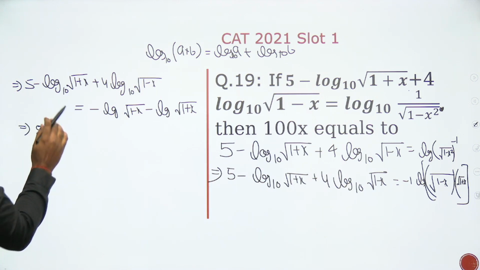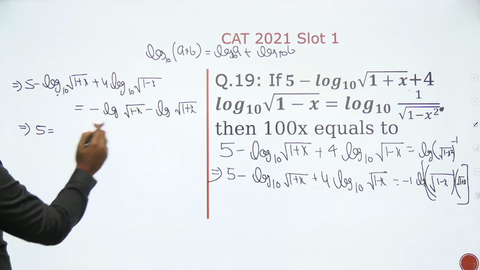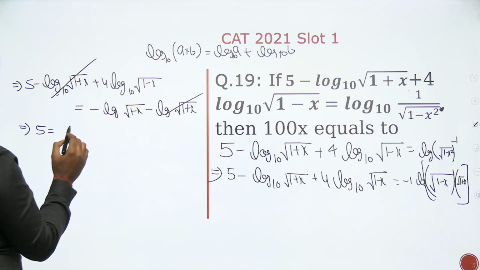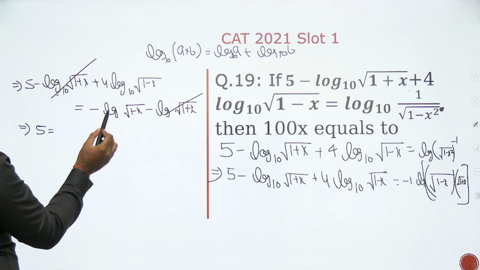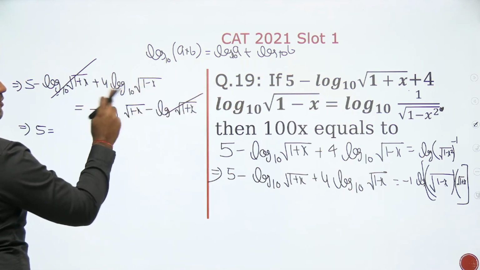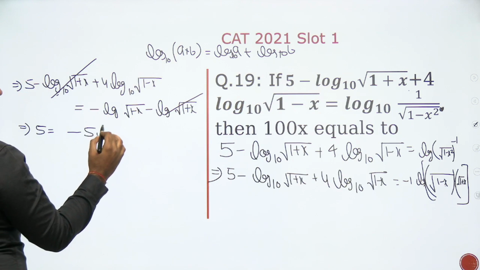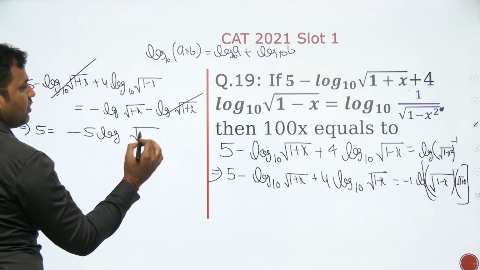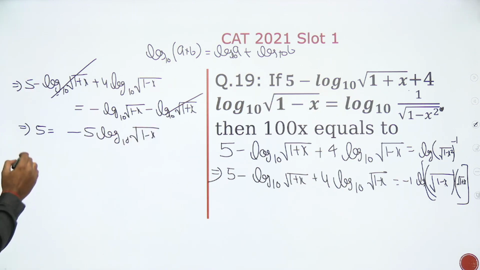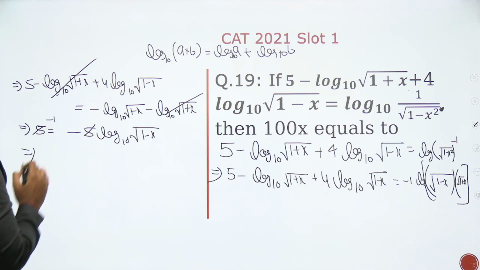Now you see that this value is straight away getting cancelled. When this is taken on the right hand side, it will be minus 4. So this becomes minus 5 log root 1 minus x to the base 10, right? This gets cancelled with minus 1.